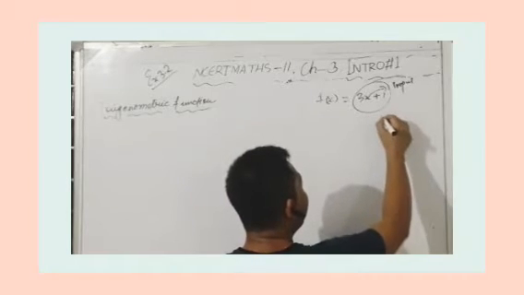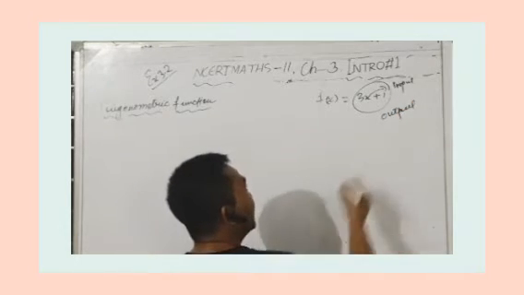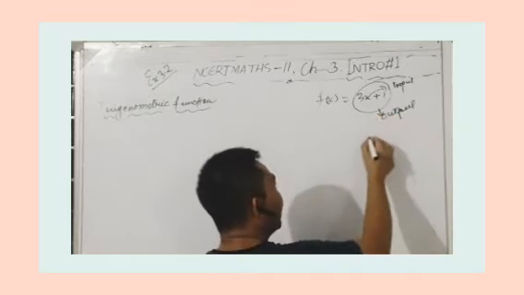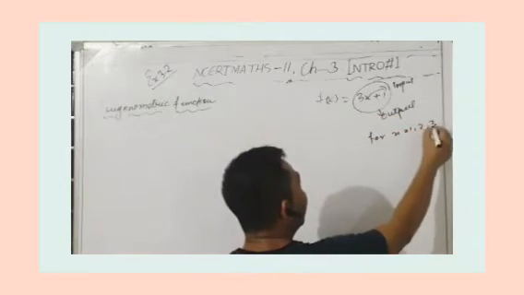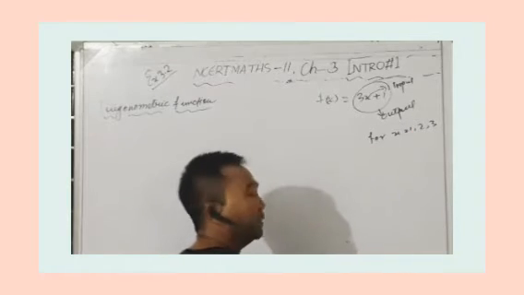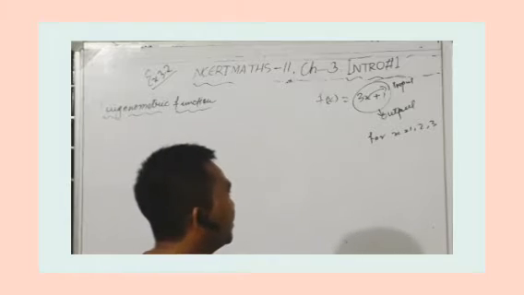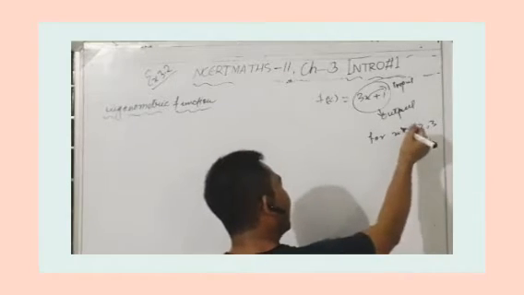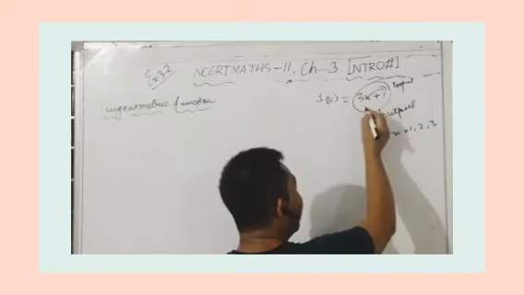Output. This is the output altogether. For x equal to 1, 2, 3, if we put them in, then we get a new value for f(x). When we consider the input 1, it will be 3 into 1, 3 plus 1.